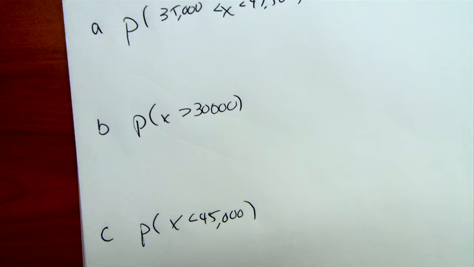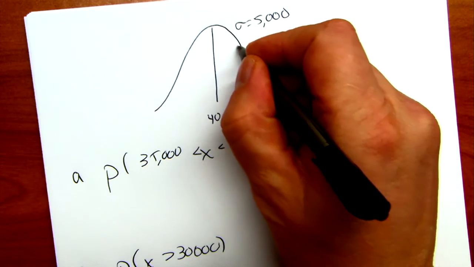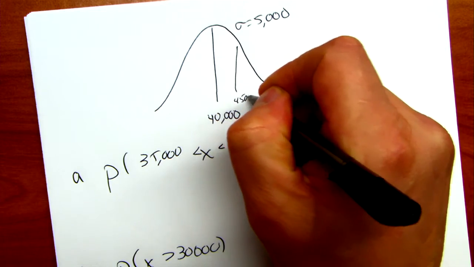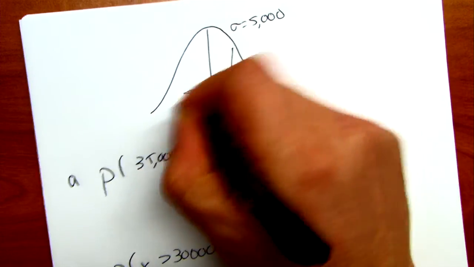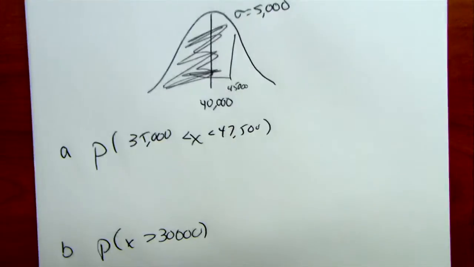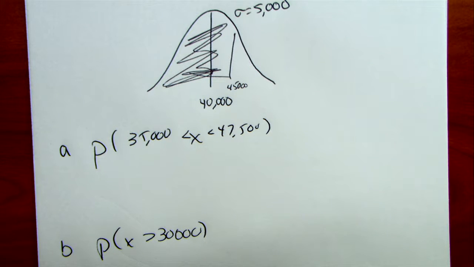It says, what's the probability X is less than 45,000? Well, if we go up here, 45,000 is here, and we want less than 45,000, so that shape is the probability we're looking for, right? The area of that shape is what we're looking for. How do I find that area?